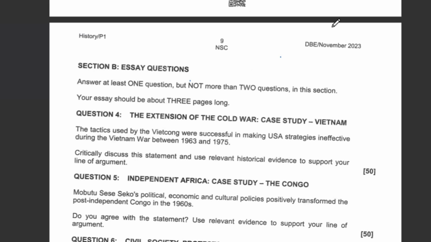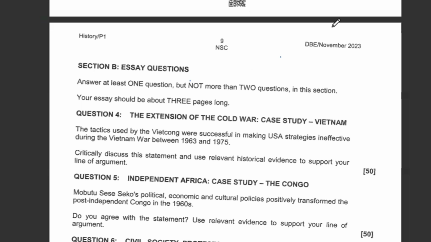And we can give historical evidence. What historical evidence can we give? They attacked 100 cities that were controlled by the USA. Right.